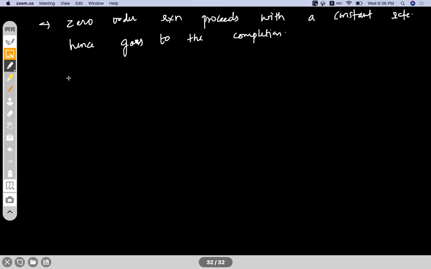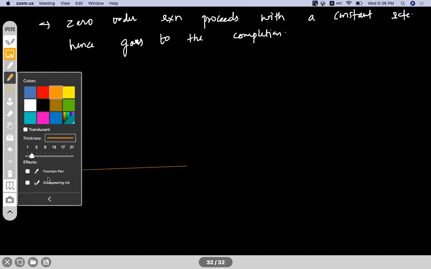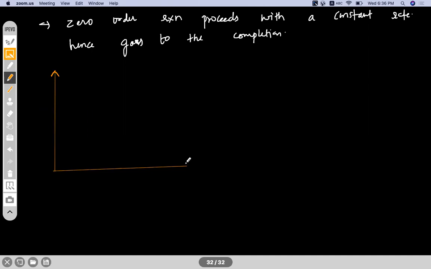If you see the graph here, we have 2, 3 graphs. This is concentration and this is time.